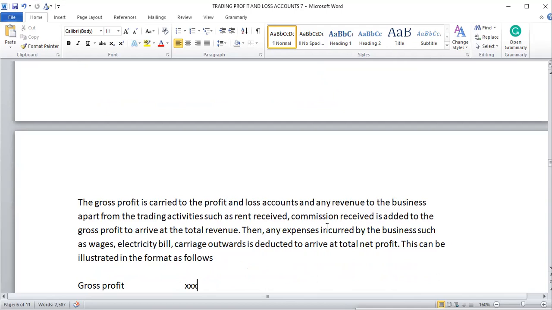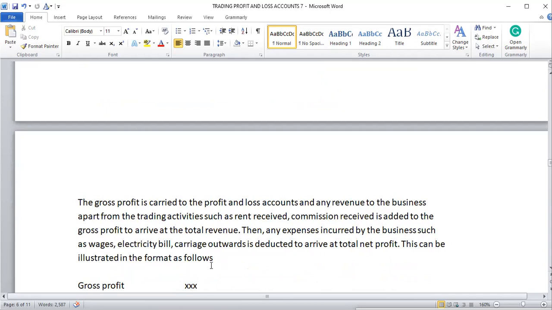Then any expenses incurred by the business, such as wages, electricity bill and carriage out costs, are deducted to arrive at the total net profit. This can be illustrated in the format as follows.